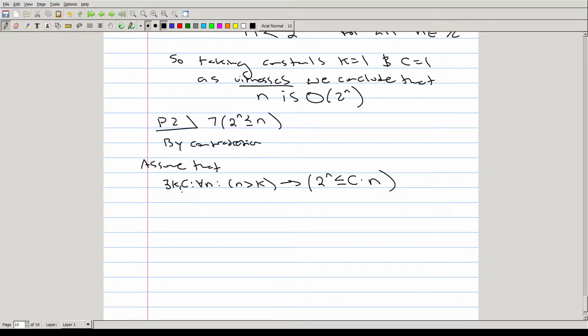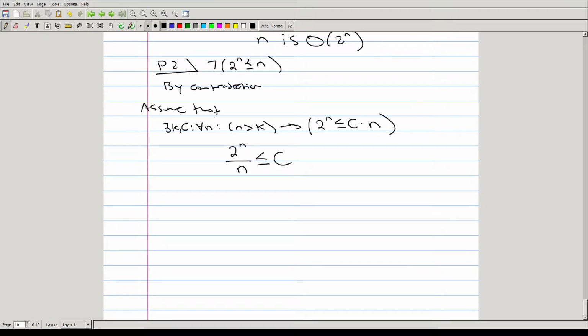If this is true, then there exist k and c such that for all n greater than k, 2 to the n over n is less than or equal to c, or 2 to the n over n is bounded. But this is actually where the contradiction arises.